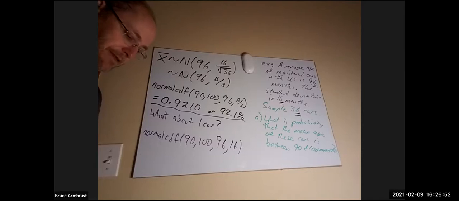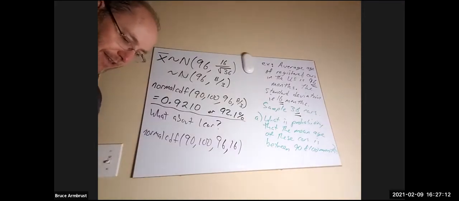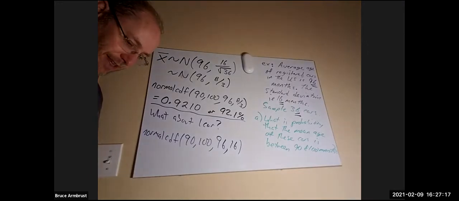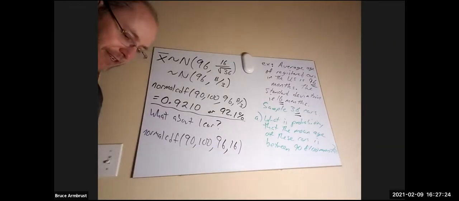All right, so it's going to look a little bit different, but here's where it gets really cool. If you actually do that calculation, check this out. We're going to go from 90 to 100, and I'm typing in my calculator right now. I've got a mean of 96 and a standard deviation of 16.